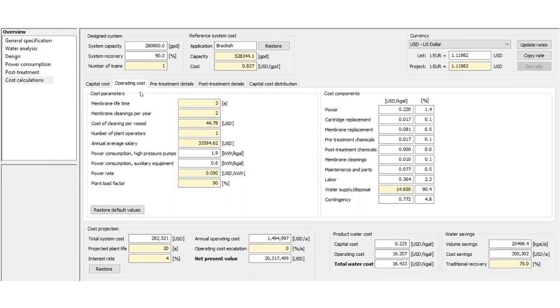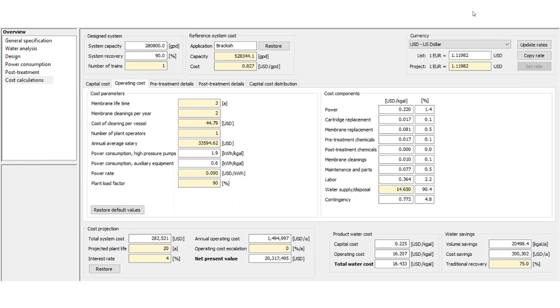The one thing I'll just highlight about that is in the operating cost tab, you can enter in the cost to supply and dispose of water. So this is the GWI average in the US for last year.